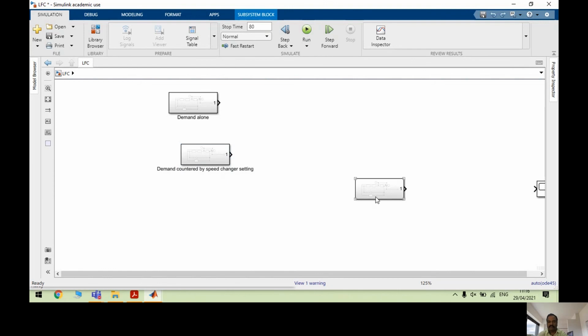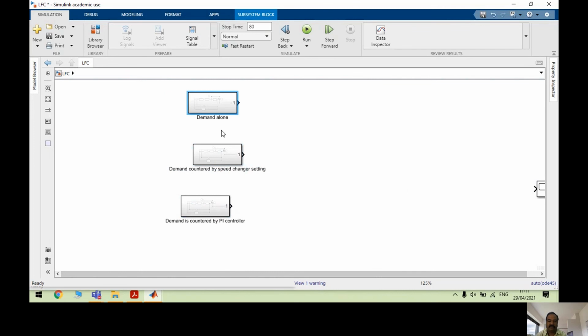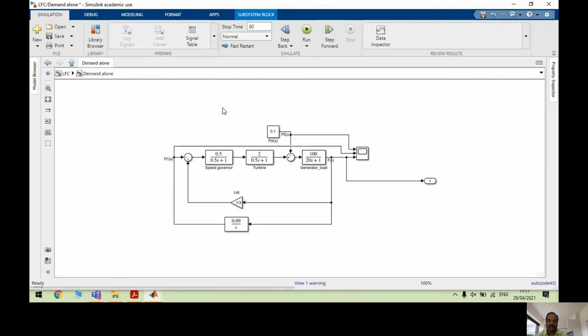The third one is demand is countered by PI controller. Okay, I'm going to make necessary changes in this one. This is the first one, this is the second one, this is the third one.